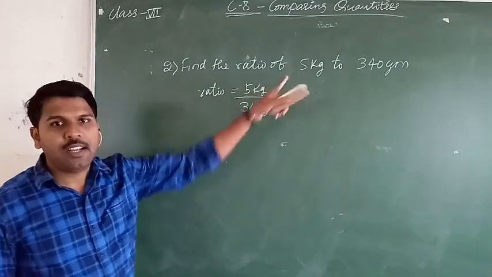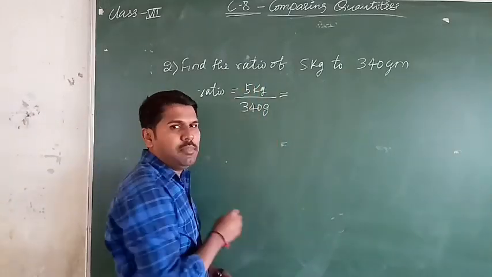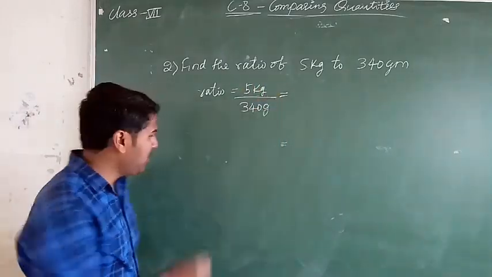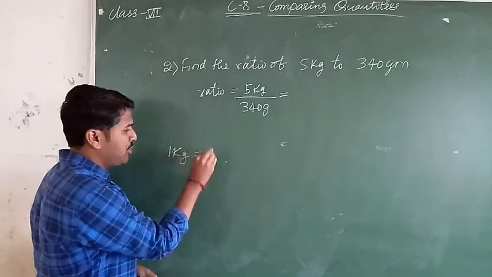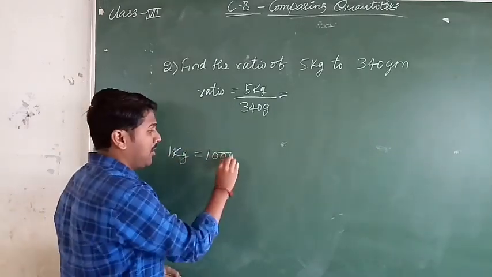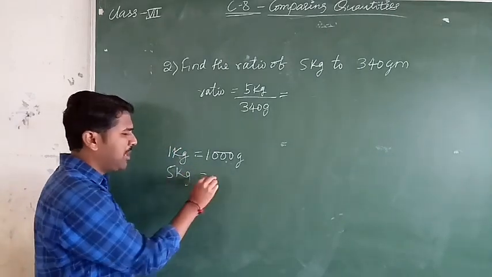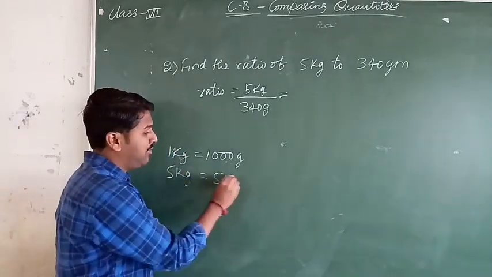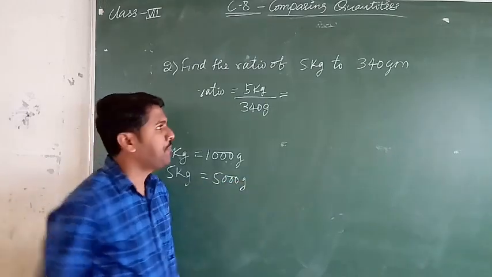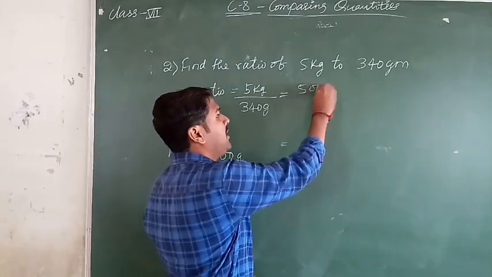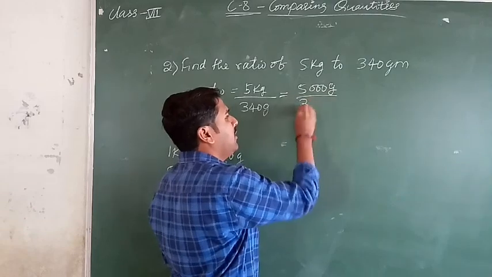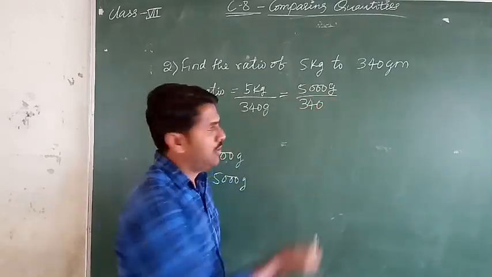Here kg is there, convert it to gram. 1 kg equals to how many grams? 1000 grams. So for 5 kg, just multiply by 5. So you will get 5000 grams and 340 gram.